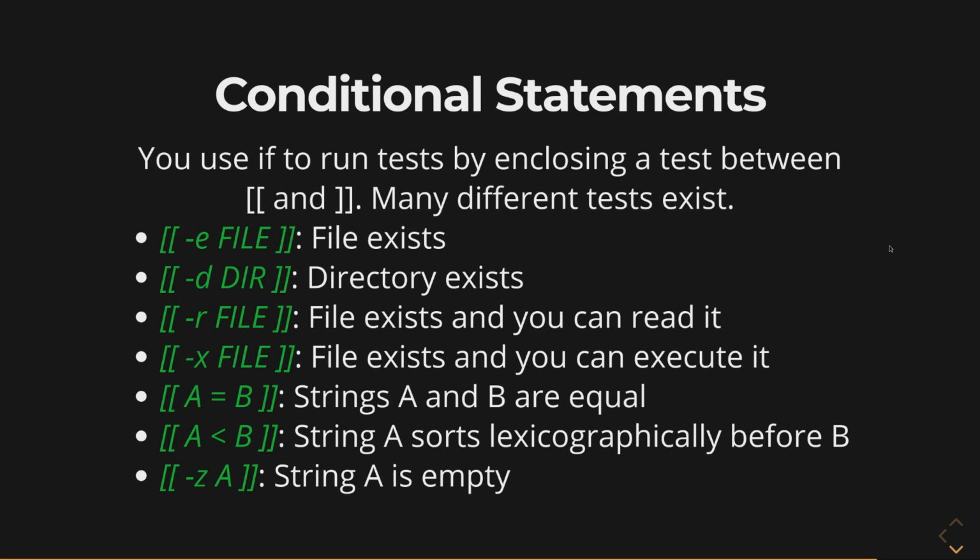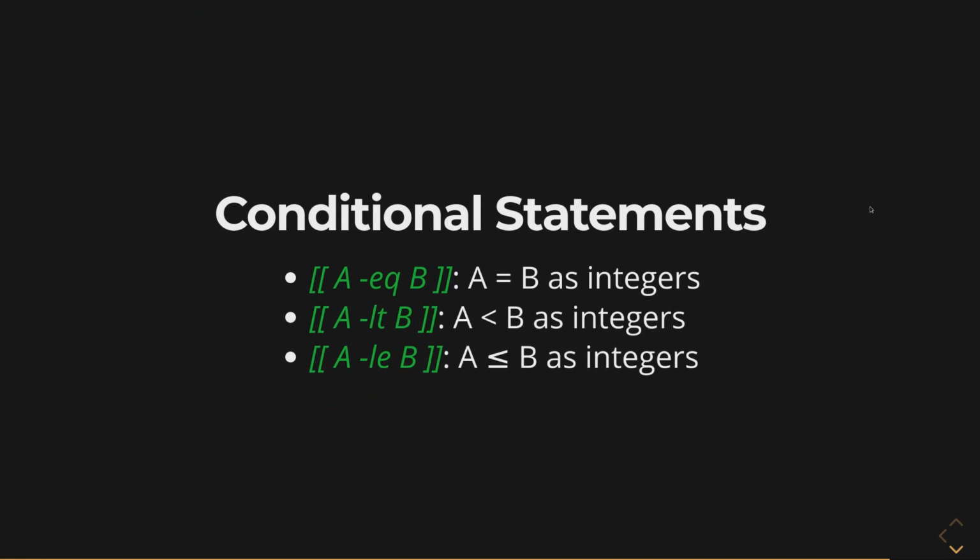You can see if a variable is alphabetically before another, in lexicographical or alphabetical order, and you can check if a string is empty. You can also compare strings as if they're integers: -eq, -lt, -le, that's equals, less than, less than or equal to.